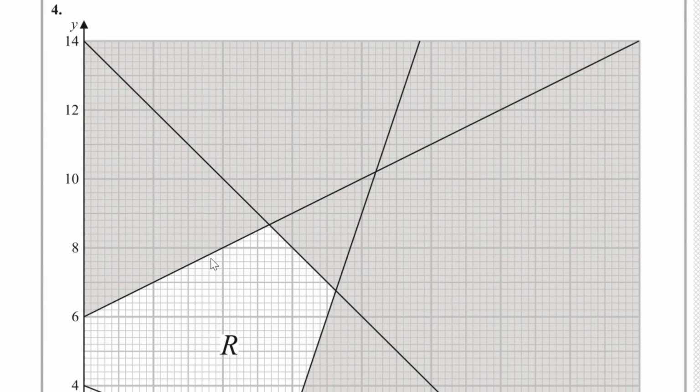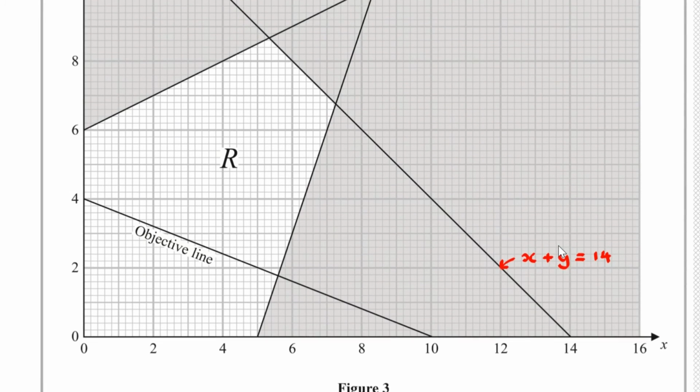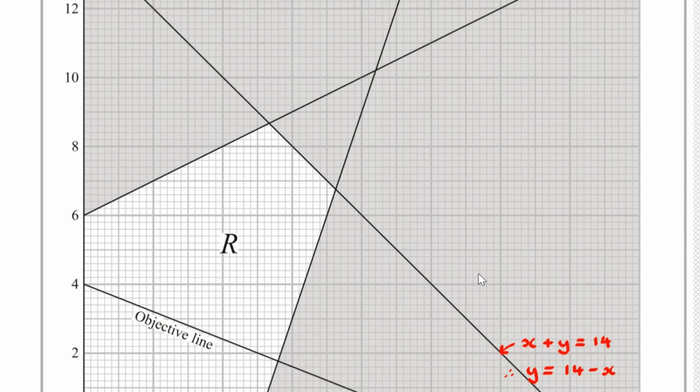We can rearrange this inequality so we've got y equals. If I rearrange for y equals, we would have y equals 14 minus x. And the reason I want to write it as y equals is because then it's quite easy to have the correct direction of the inequality.